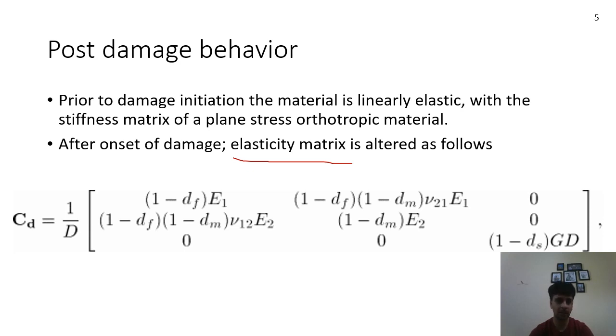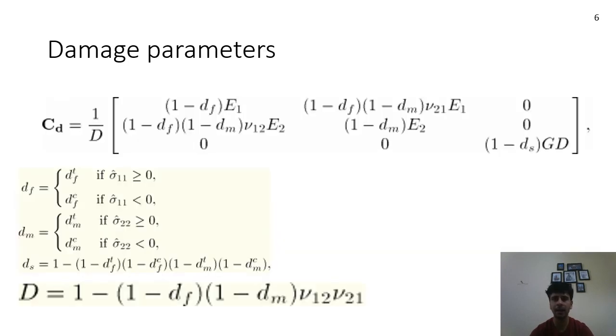Now the next question is, okay, I know when the damage is initiated, and I also know how to reduce the elasticity matrix, but what is the value of d? What is the value of df, dm, etc.? How do we calculate these values? By what factor should I reduce the different engineering constants?